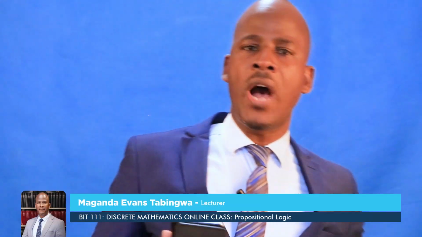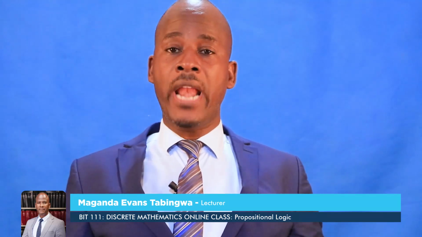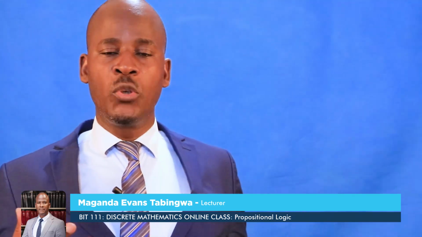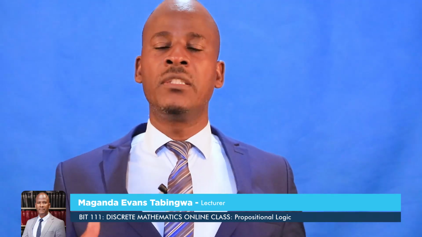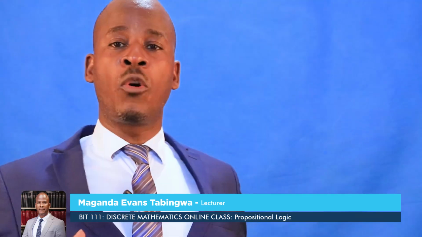Therefore, I hope that you have enjoyed this lesson. We shall add the if-then and the equivalence statements in the next class. But I hope that you can practice. I hope that after this class, you've been able to appreciate how the computer manages some of these logical expressions, and how computer logic varies from our human logic.